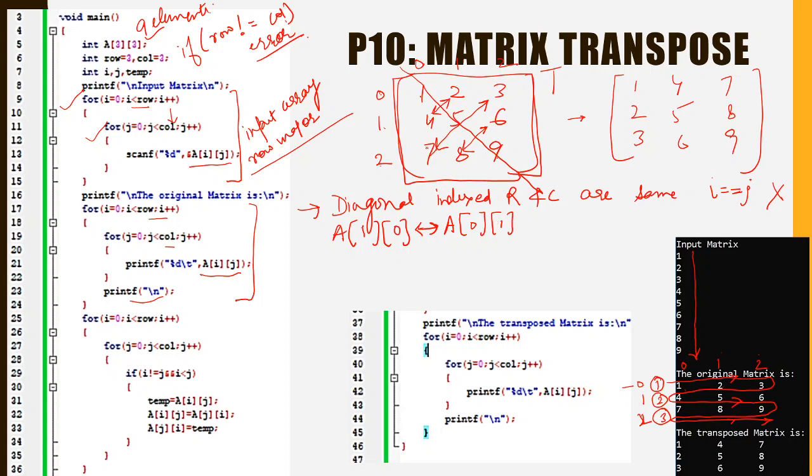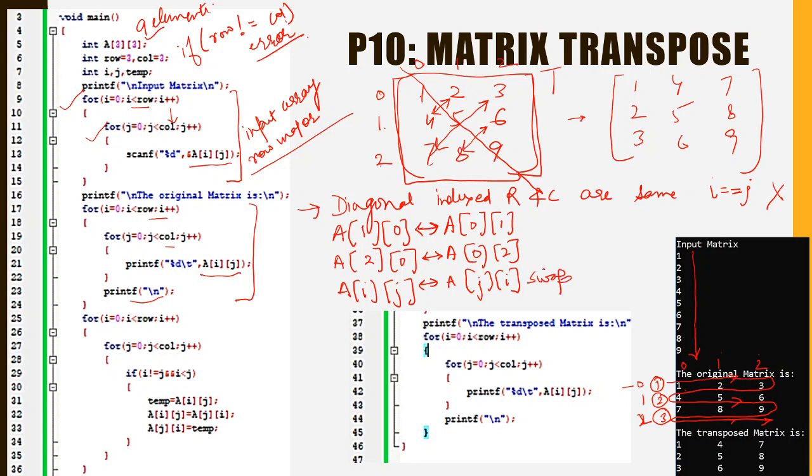Let us see one more interchange location: this 7 is interchanged with 3, so the index a 2 0 is interchanged with a 0 2. Can you see an analogy here, that aij is interchanged with aji? Interchange, or we can say swap. This is the swap condition.